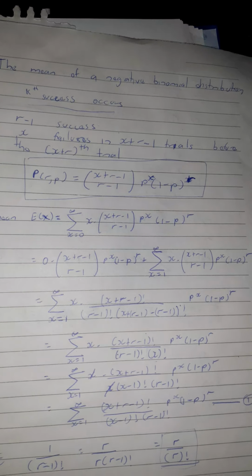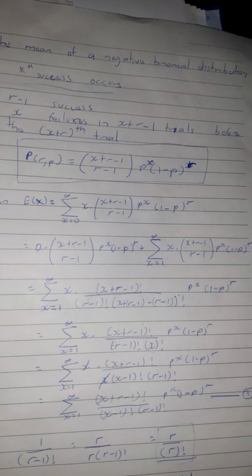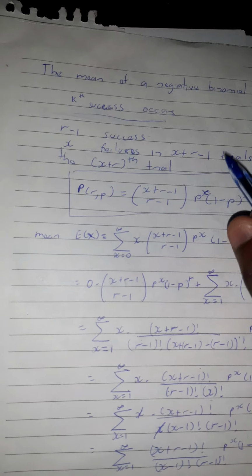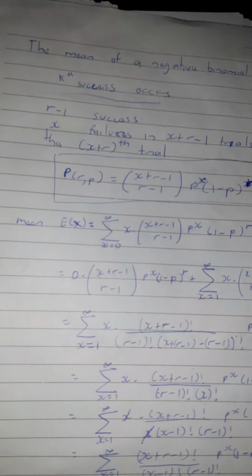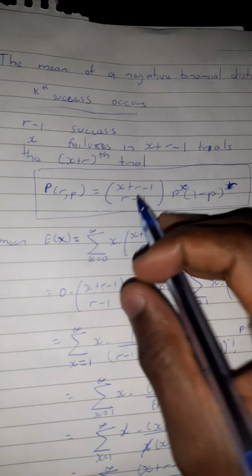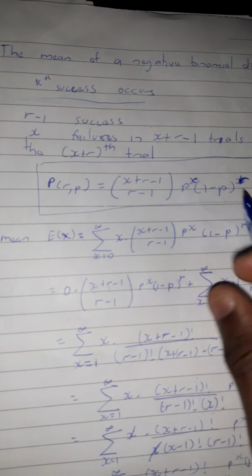Here we're going to use a negative binomial that gives r successes and x failures in x plus r minus 1 trials before the x plus rth trial, which is denoted by the combination expression.